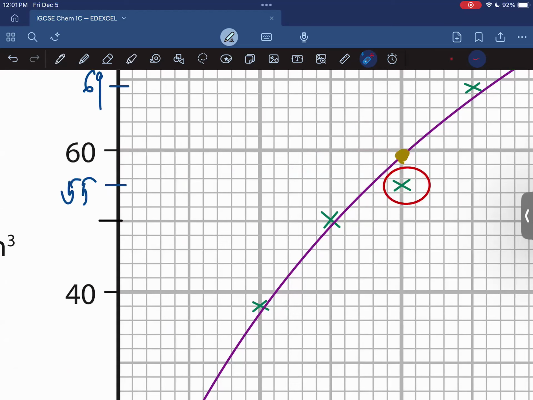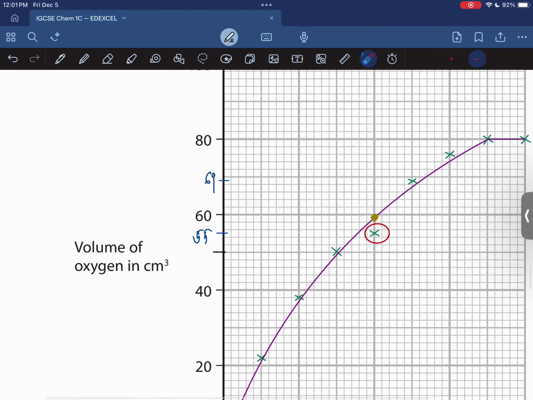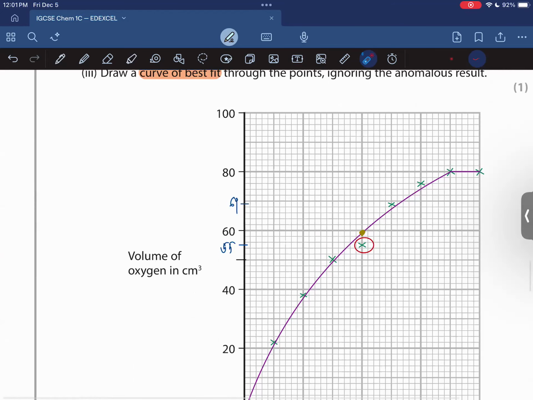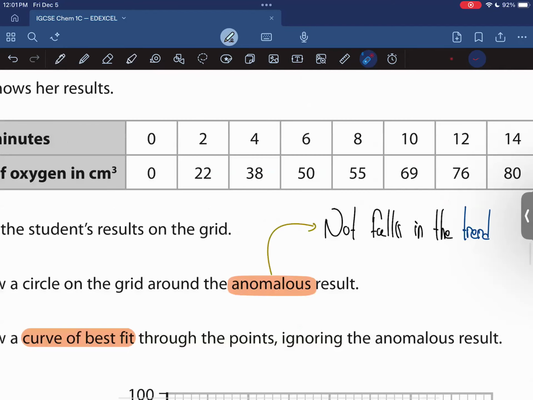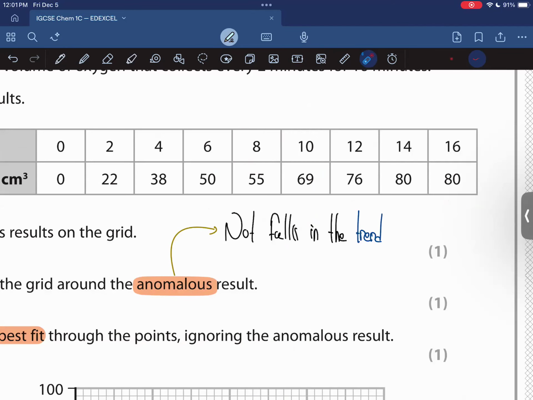So what could be a reason behind this? One reason could be that the person, let's check something, for 8 minutes, what I'm saying is that as time is increasing, the volume of oxygen produced is increasing as well.